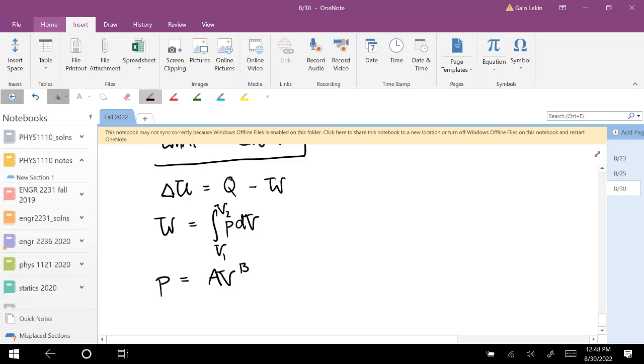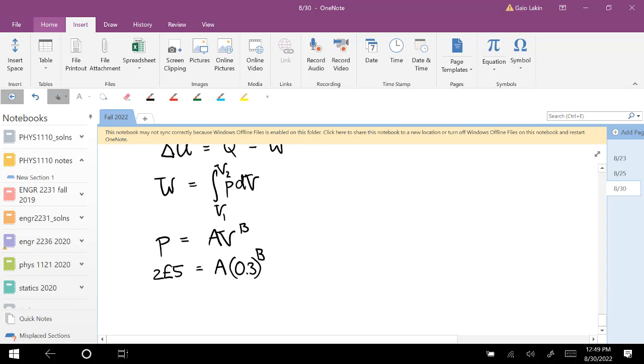So at state 1, we know that 2 times 10 to the 5th is equal to A times 0.3 to the power of B. And we can use that to express A in terms of B or B in terms of A and substitute it into what we know from the other one.